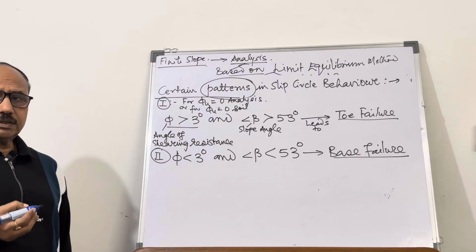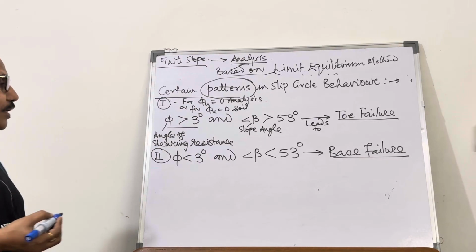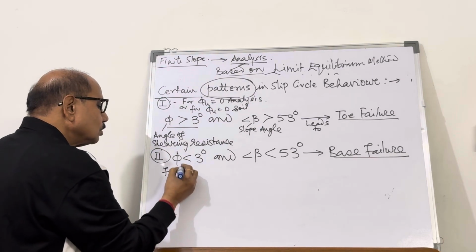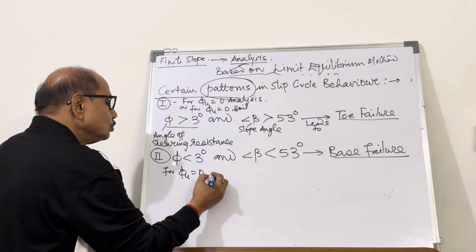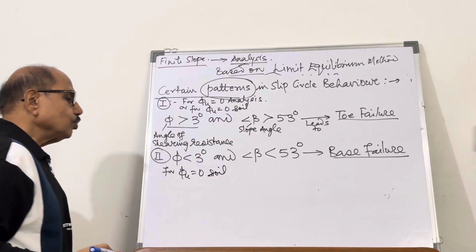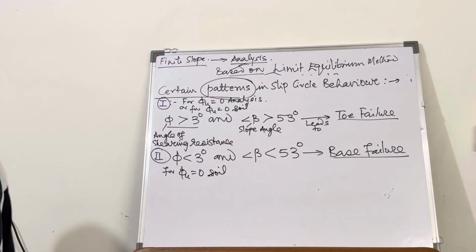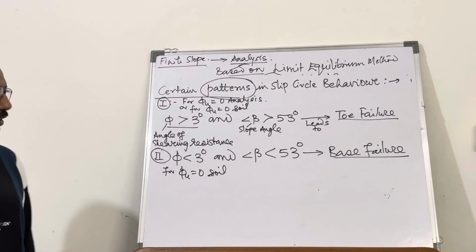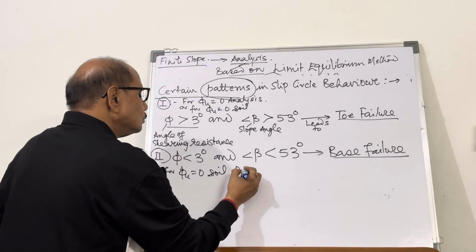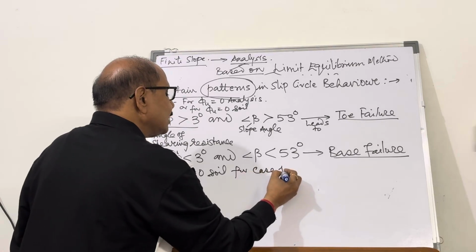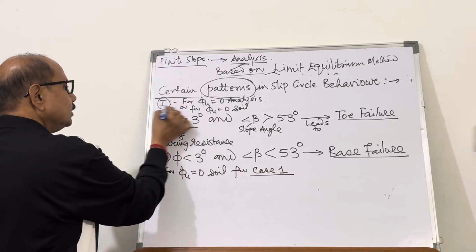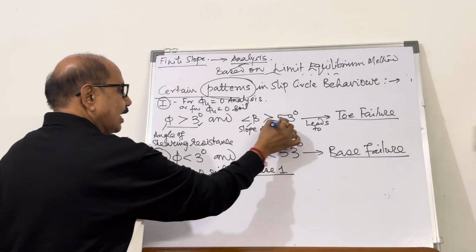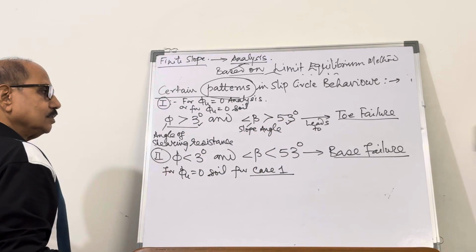And therefore, for phi u equal to 0 psi, you know, for case 1, we can easily find it out. What is case 1? This is when phi is greater than 3 degree and beta is greater than 53 degree.